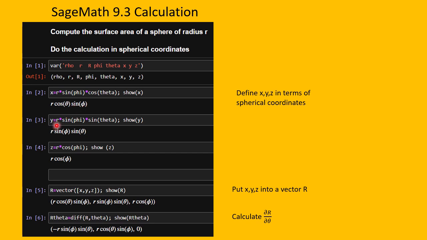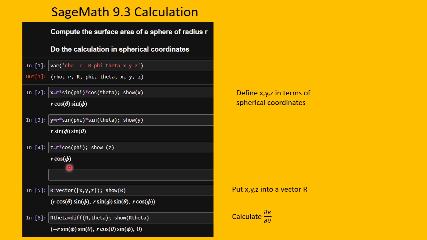We'll let y be r sine phi times sine theta, and let's show what y is. And here's the output, r sine phi sine theta for y. And z is then going to be r times cosine phi. We'll show what z is. It's r cosine phi. No surprises there.